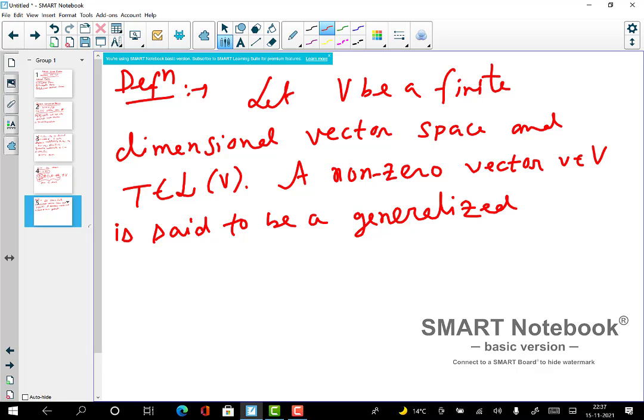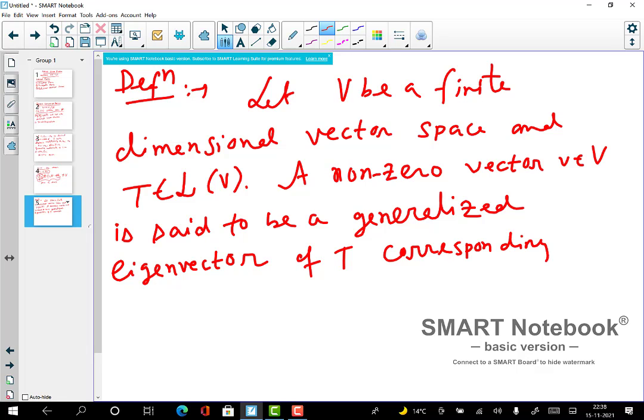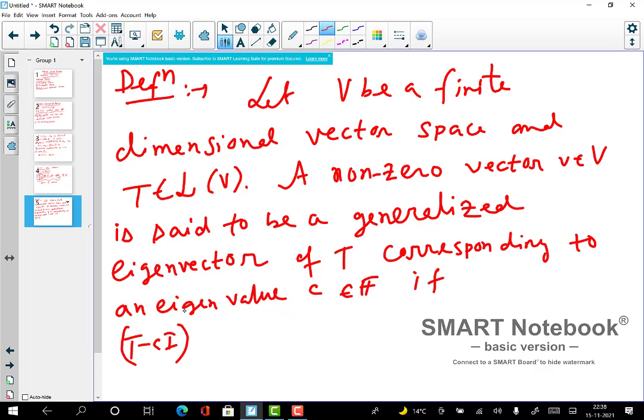of T corresponding to an eigenvalue, say C, which is an element of the field, if (T minus CI) to the power p applied to v is 0 for some positive integer p greater than or equal to 1.